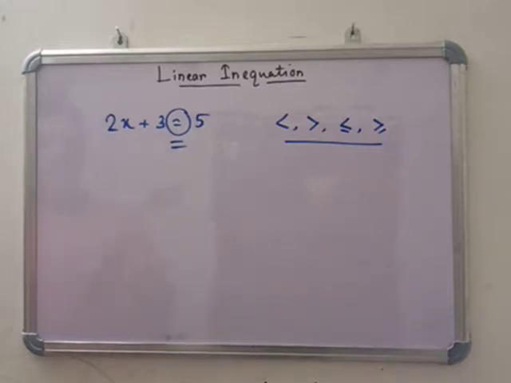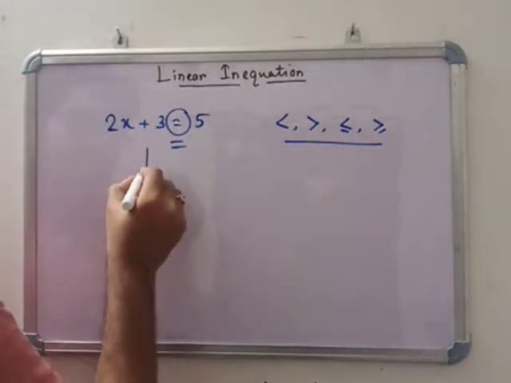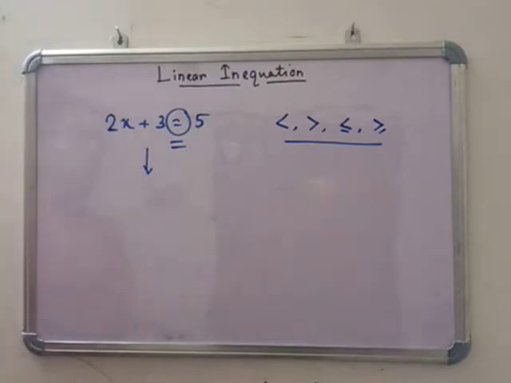So in an equation we get a confirmed value of the variable, and in an inequation we get a different solution set for the value of x or the variable.